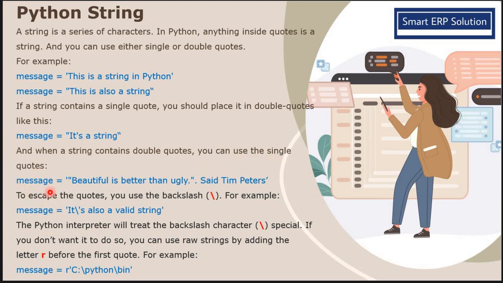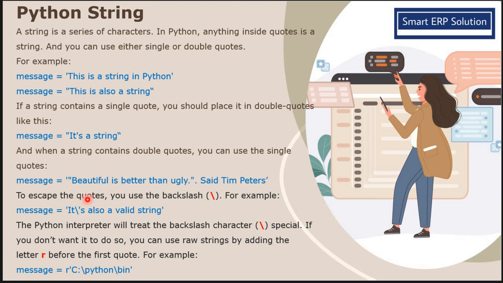Message: "Beautiful is better than ugly," said Tim Peters. So, "beautiful is better than ugly" is written within the double quote. If we need to print this quotation, we need to write the full string within the single quote like this way.